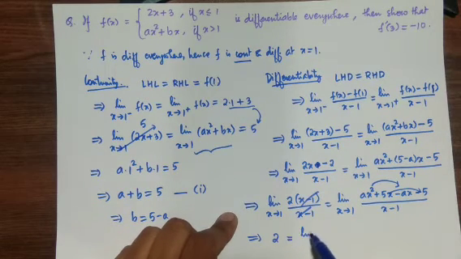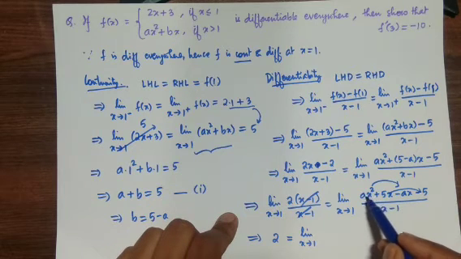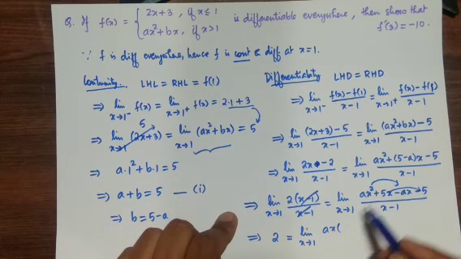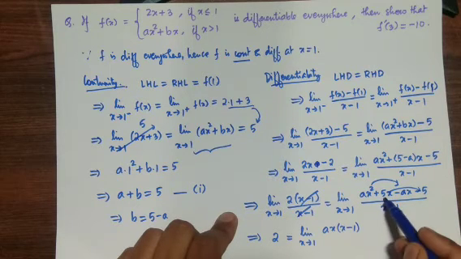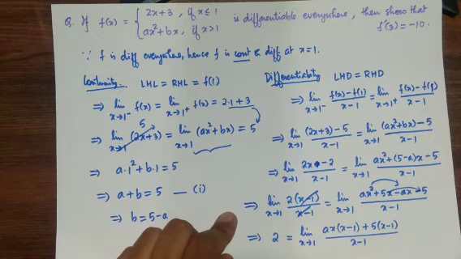So we have limit x tends to 1, and if I group them together, we see that ax is common. When ax is taken as common, from here only x is left, and from here minus 1 is left. Similarly from here I am taking 5 as common, then I'll get x minus 1. So this can be written as 2 equals limit x tends to 1.